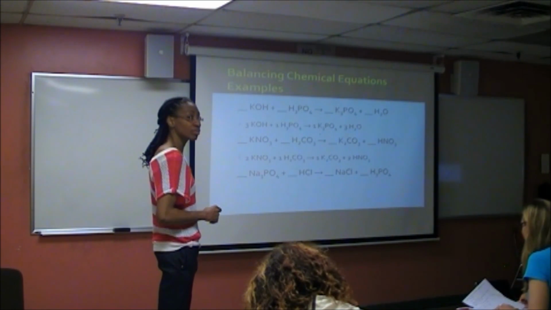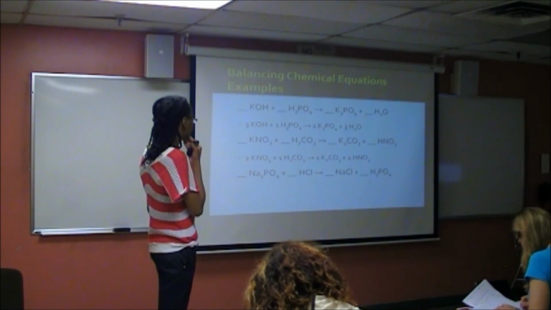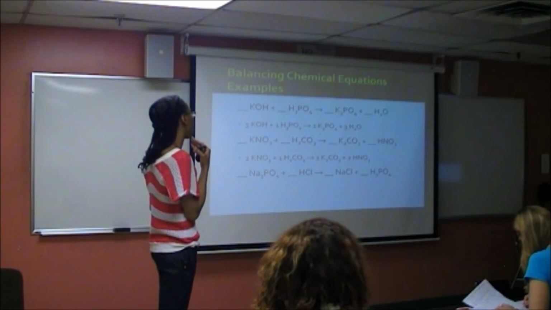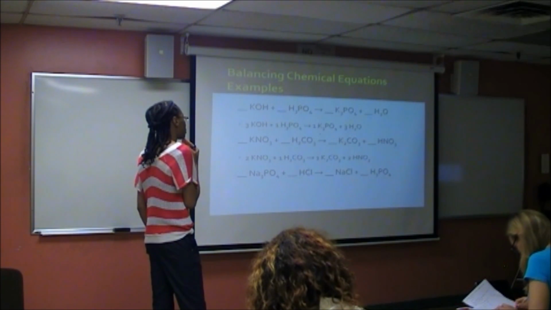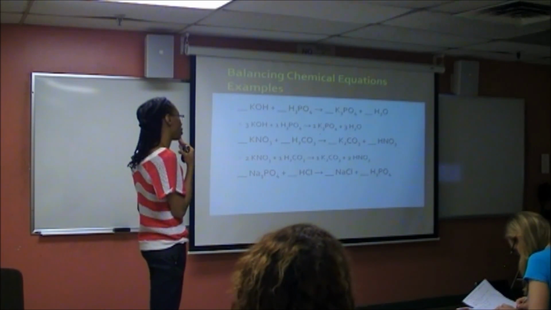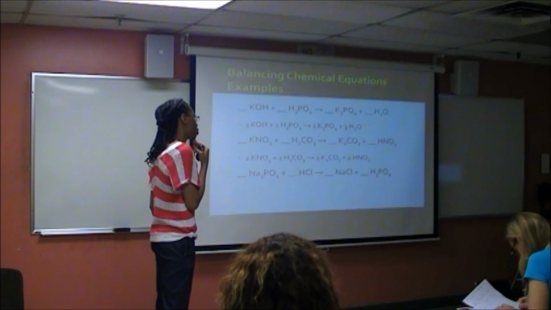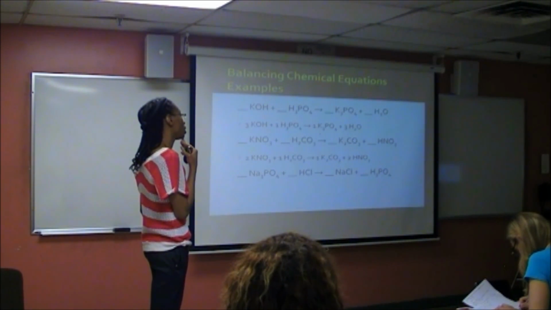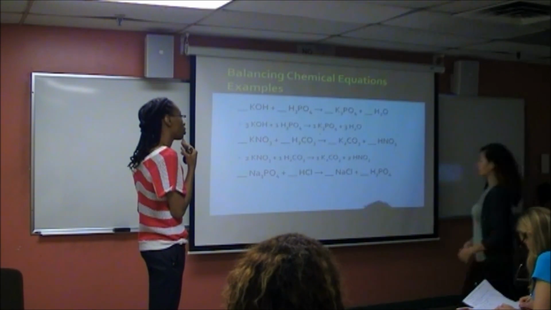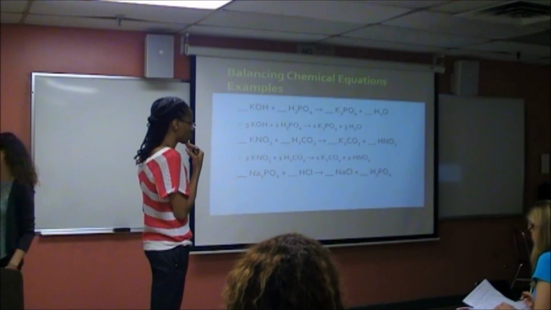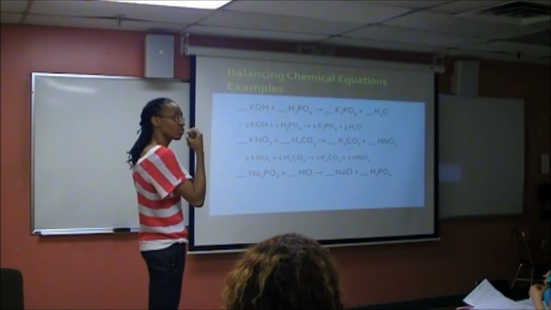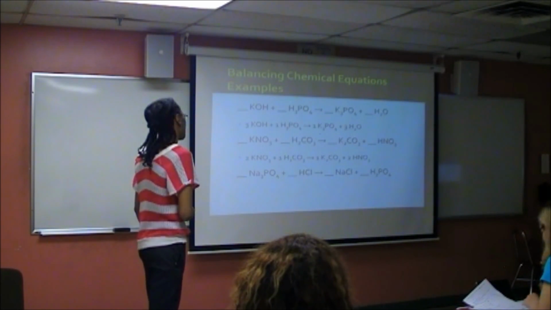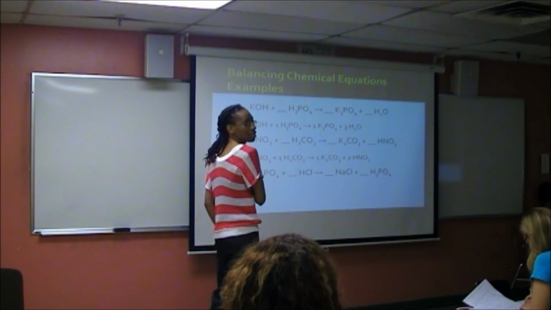X mole of sodium phosphate reacts with X mole of hydrochloric acid that produces X mole of sodium chloride and X mole of phosphoric acid. Very good. Now, balance my equation, please, and thank you.